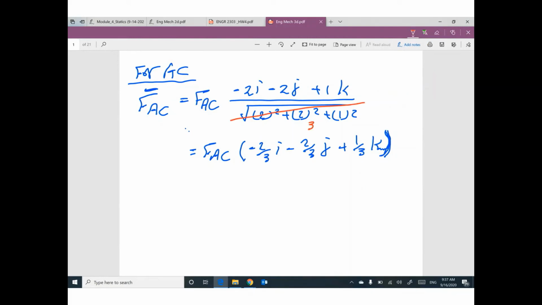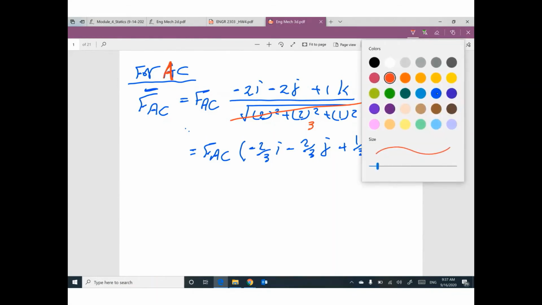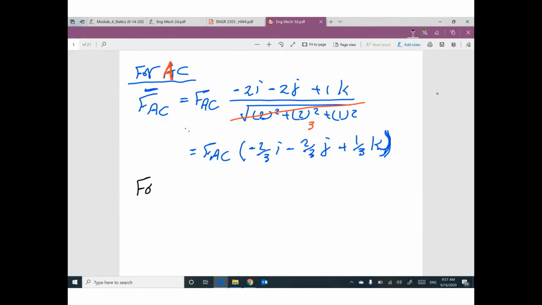What else? The coming force is AD. Force AD as a vector equals FAD as a value times the unit vector.